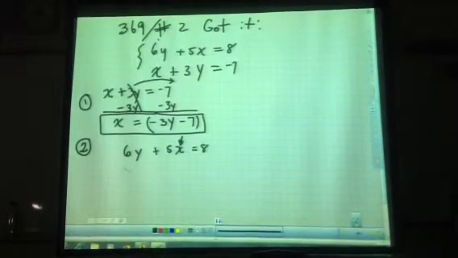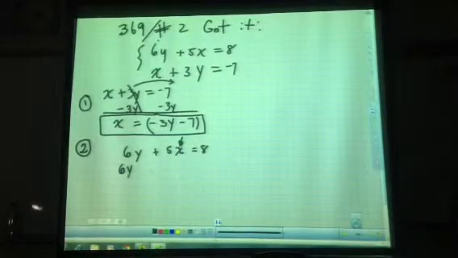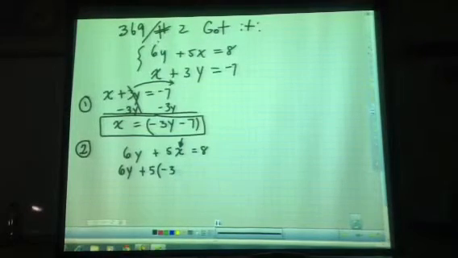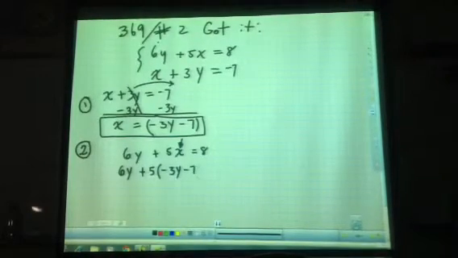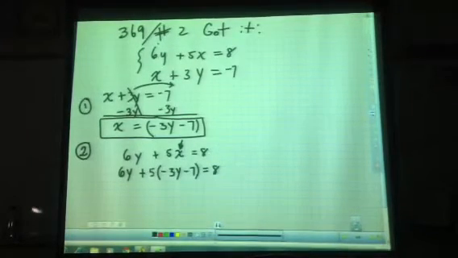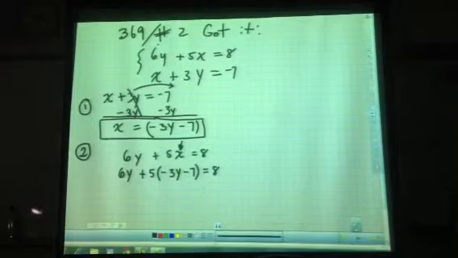So it looks like this: 6y plus 5 parentheses, -3y minus 7, equals 8. And what I would do is solve for y. I've got one equation with just one variable.